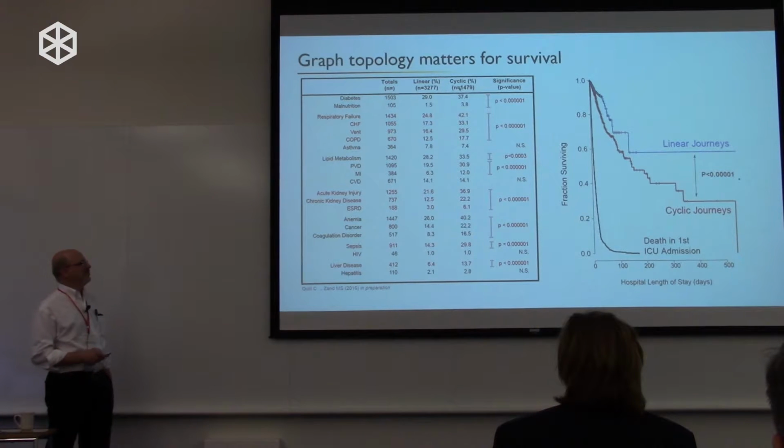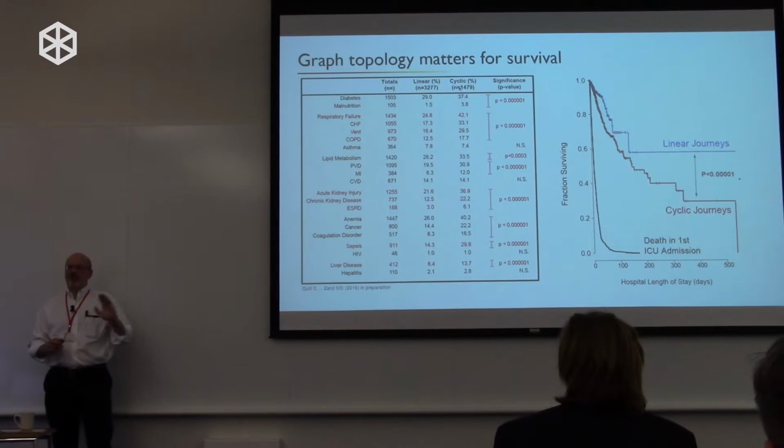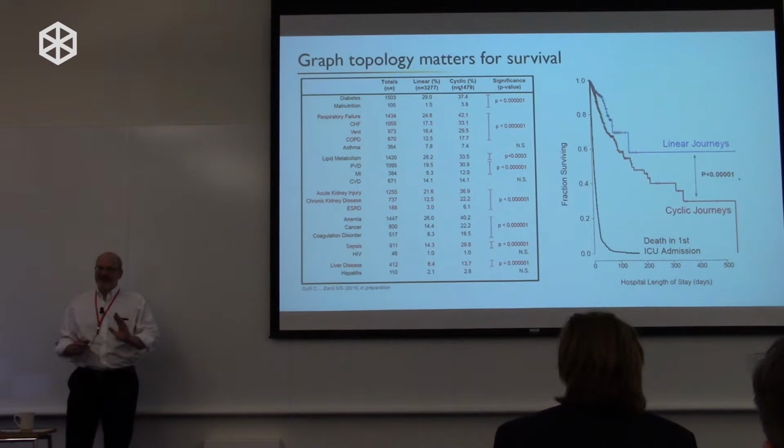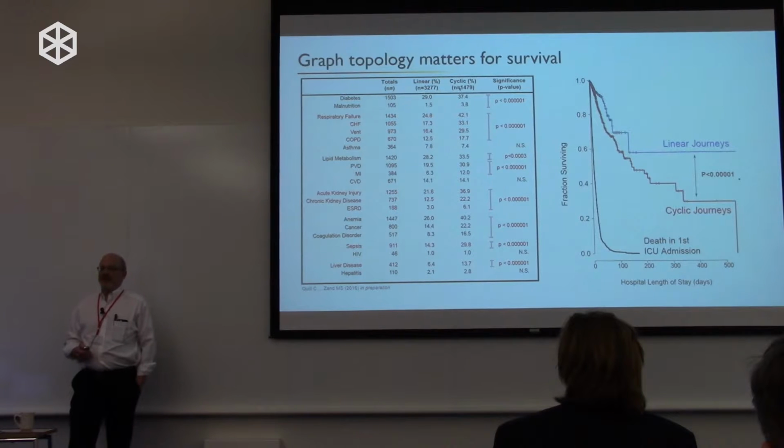And what we found was, this group of folks who died during their first intensive care unit admission were excluded from the analysis. But if you look at the course of linear journeys versus cyclic journeys over time, even adjusted for illness and other factors, there was a very significant difference between the survival of those patients.